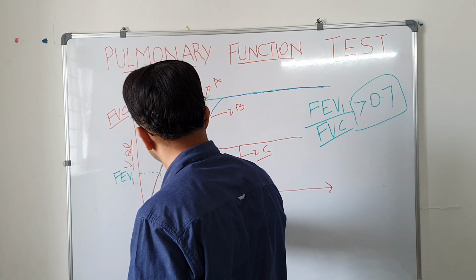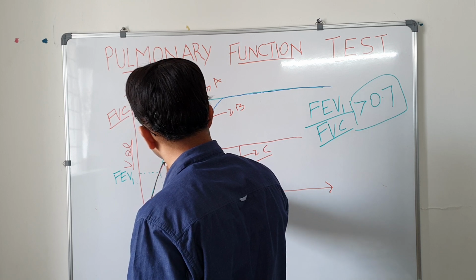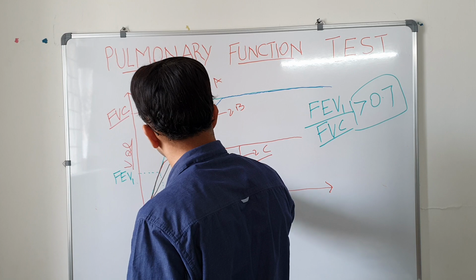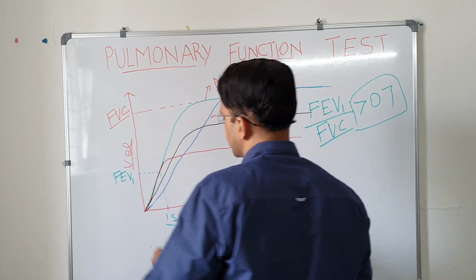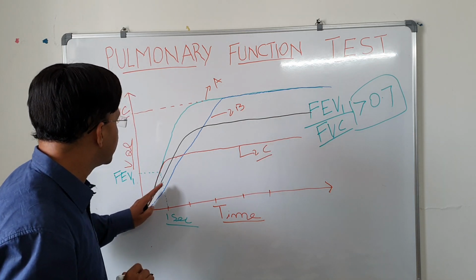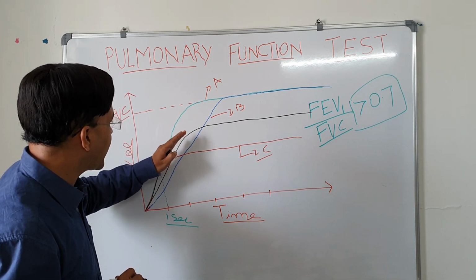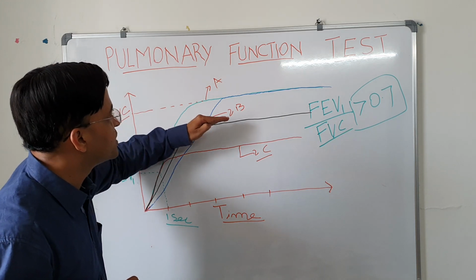Patient flow rate will be normal. So the initial flow rate will be less, which means obstruction, and the overall volume will also be less.